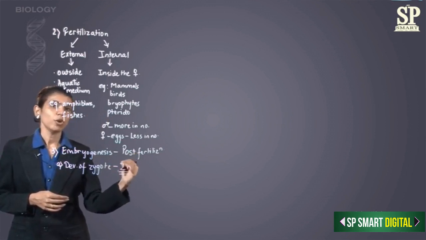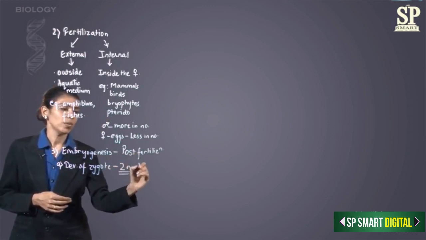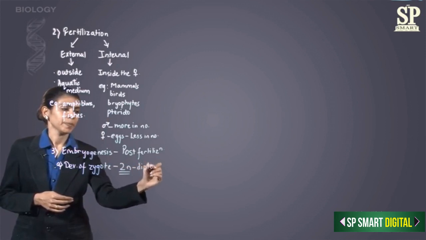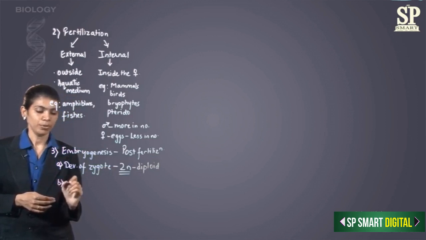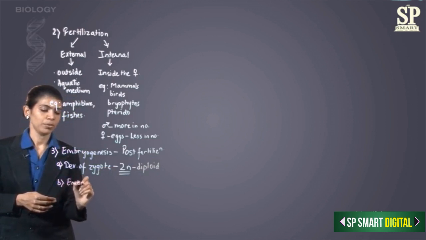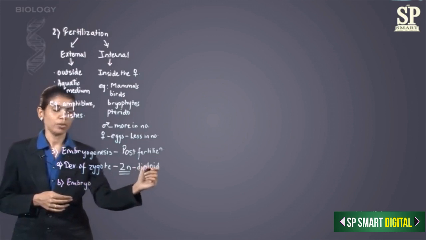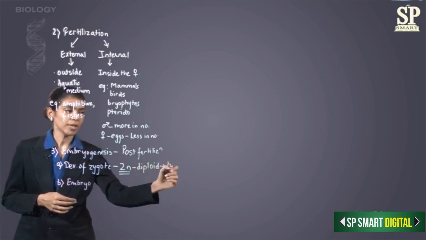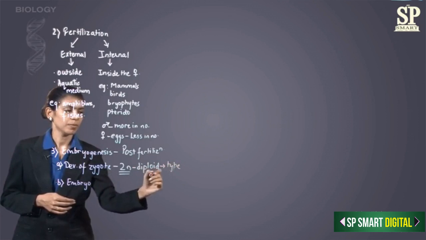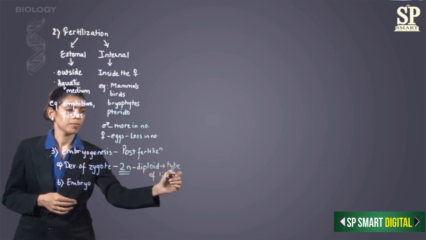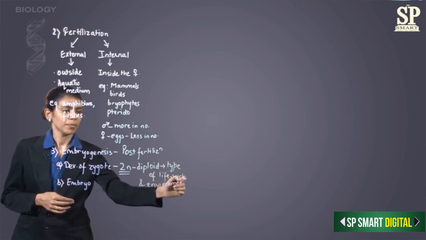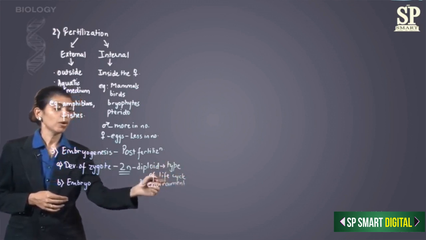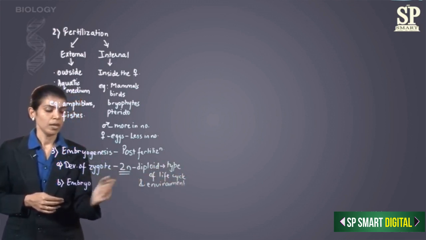Zygote which has been formed as a result of sexual reproduction is always diploid. Now this zygote will develop further and form embryo. The development of the zygote will depend on the type of life cycle of the organism and the environment of the organism. So these are the two factors on which the development of the zygote is dependent.